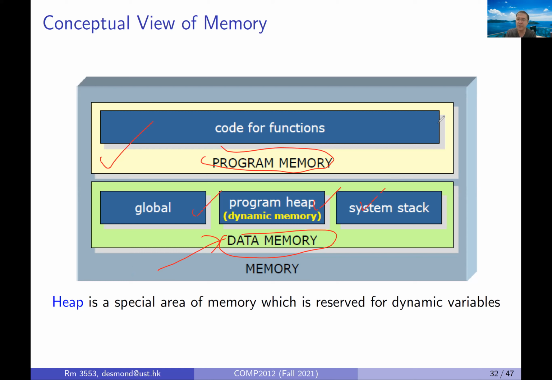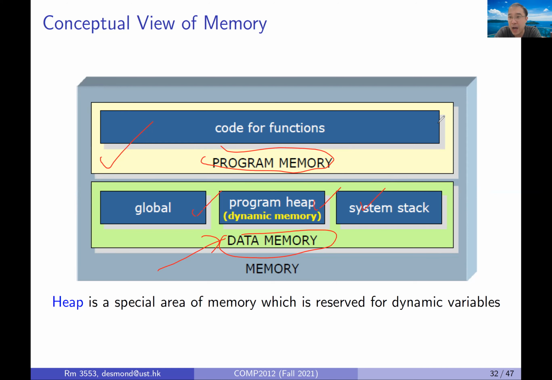Why 3 different regions? Because of different behavior. These 3 different parts of memory have different management strategies.